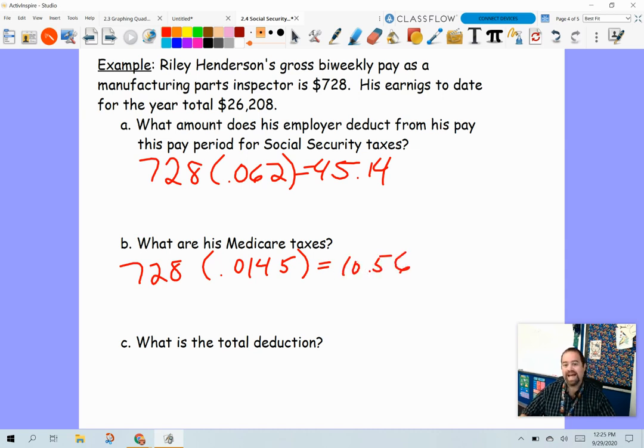And then the total, add them up. 45.14 plus 10.56, my total is $55.70. It's a lot easier when you don't have to contend with the progressive bracket of the federal income tax, and you don't have to account for any sort of exemptions. There's no breaks when you're doing Social Security and Medicare.